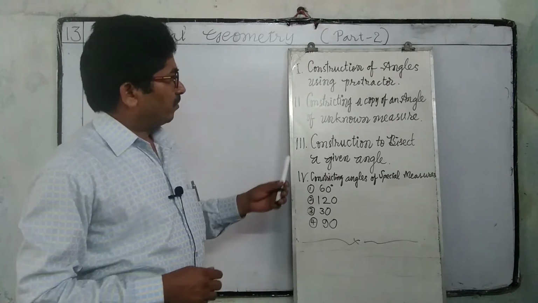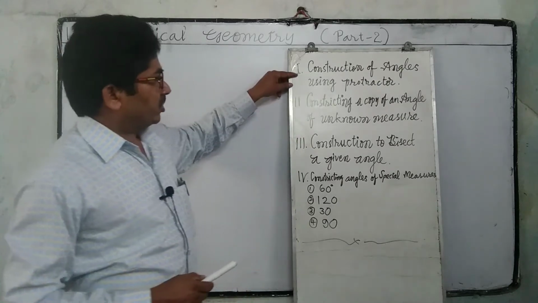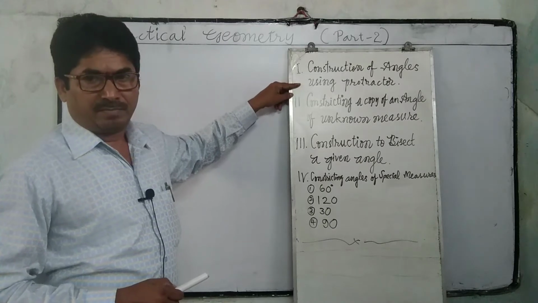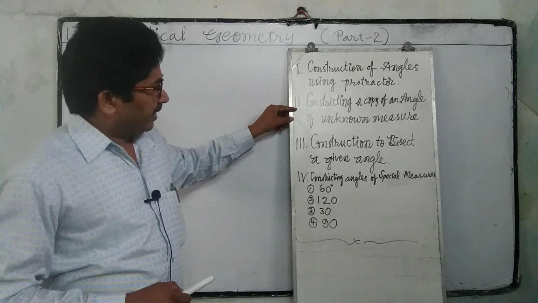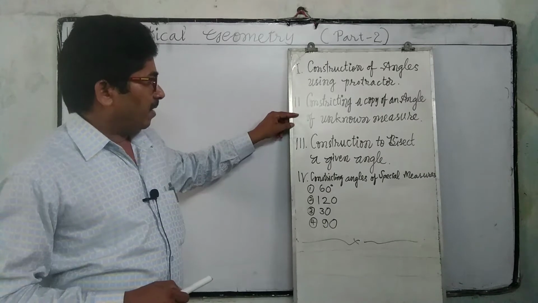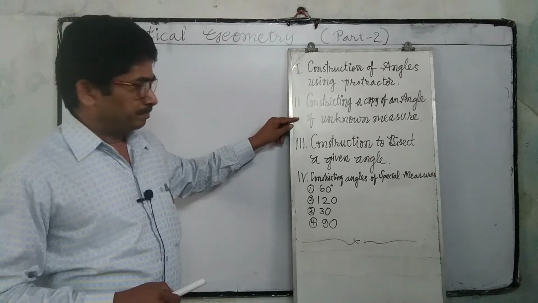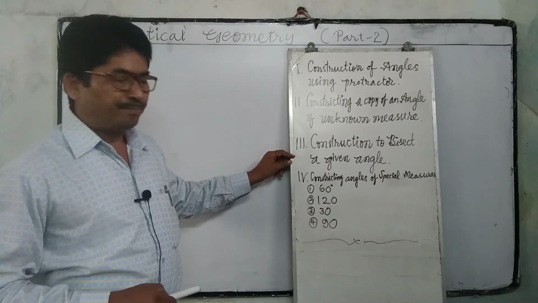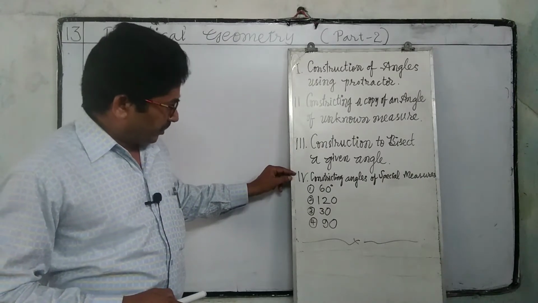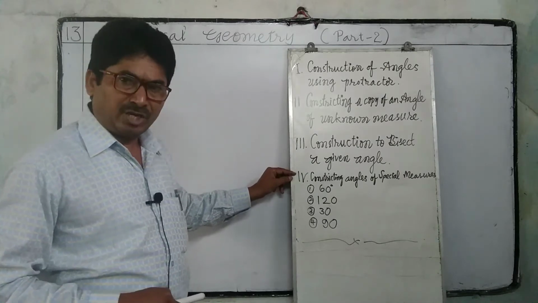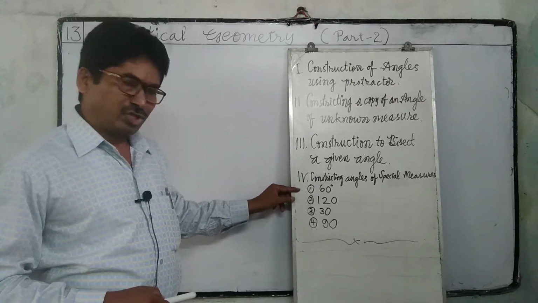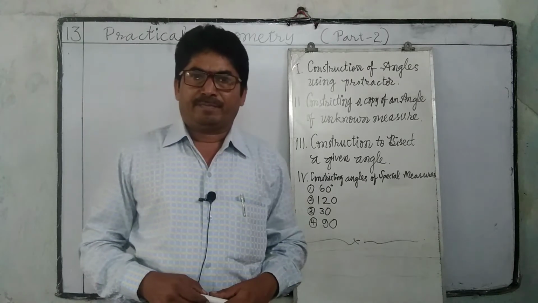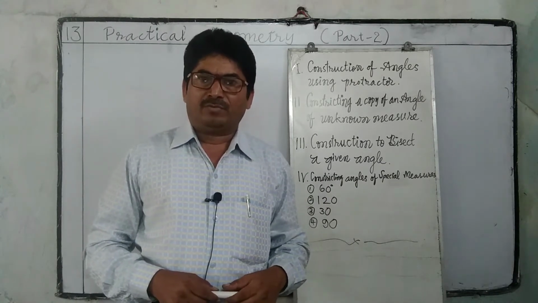In this part 2, we are going to learn construction of angles using protractor, constructing a copy of an angle of unknown measure, construction to bisect a given angle, and constructing angles of special measures 60 degree, 120 degree, 30 degree, 90 degree. Let us learn one by one.